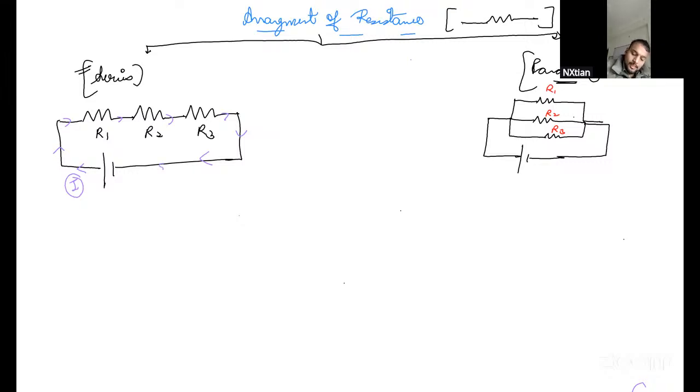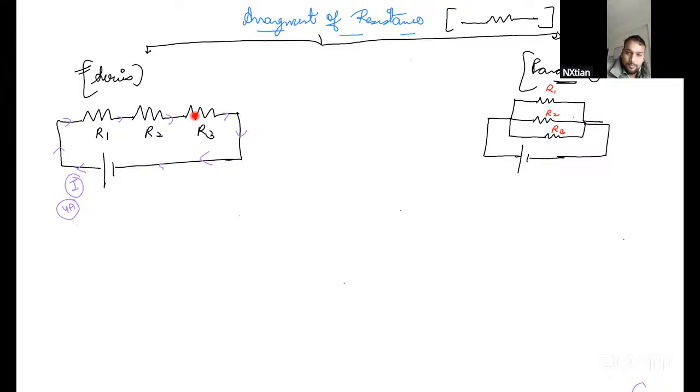This is the pathway of the electric current. For example, 4 ampere current is going through this. So the 4 ampere current will go in R1 also. The straight line has no differentiation in the pathways, which means the current going through R1, R2, and R3 will be the same.